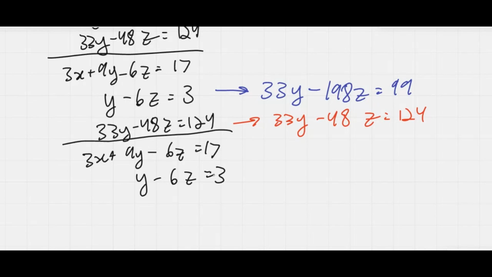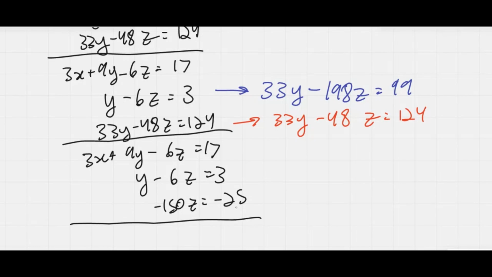And so what are we left with in our third equation? We're subtracting both of these, the 33y and the minus 33y, that becomes 0. Negative 198 minus negative 48, well, that's just negative 150z. So negative 150z is equivalent to 99 minus 124, which is negative 25.